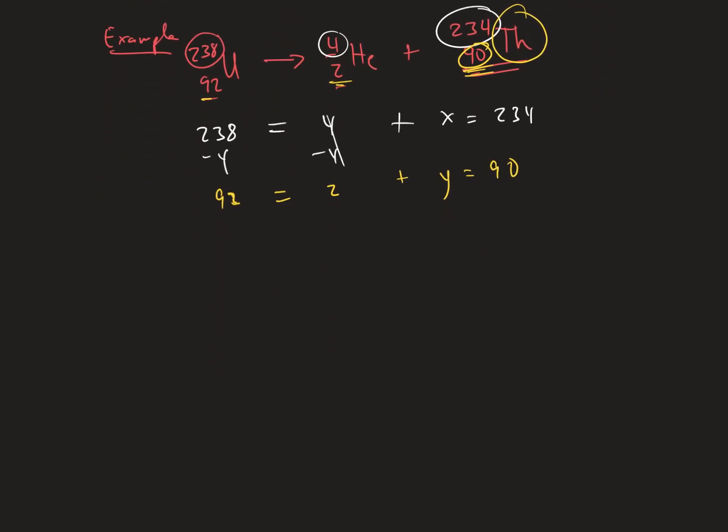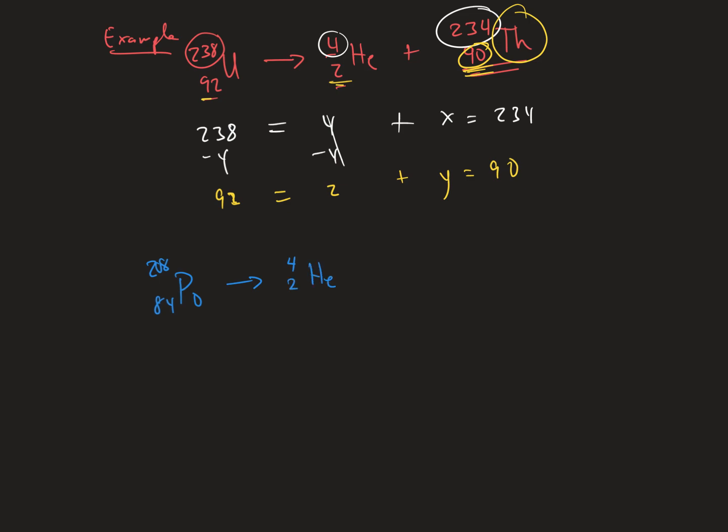Okay, here we go. Let's do polonium-208. Polonium is 84. And it's going to undergo alpha decay again. So what's the product? 4,2-He.